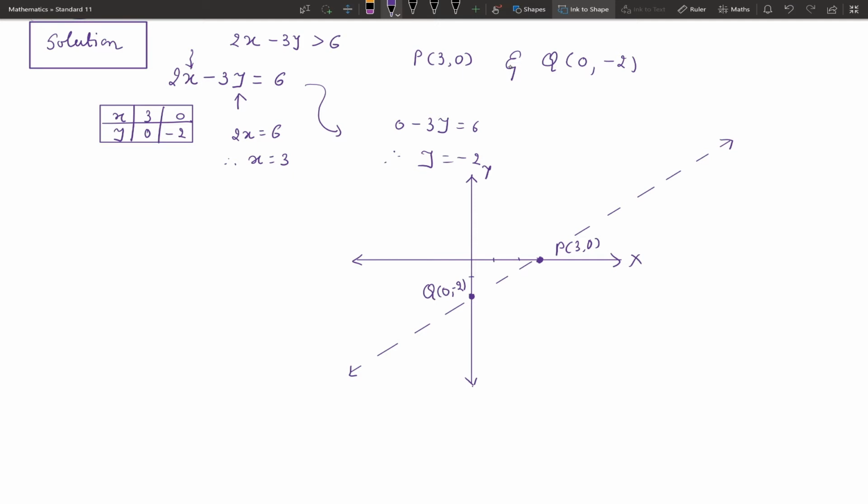Again we have to verify the inequality with the coordinates of the origin. The inequality is 2x minus 3y greater than 6. If we put x equal to 0, y equal to 0, 0 greater than 6, this is not true, which is false.